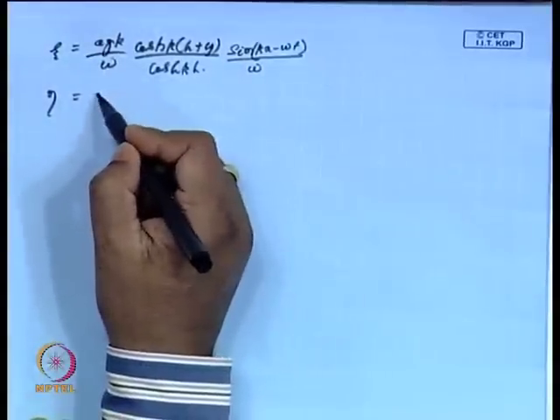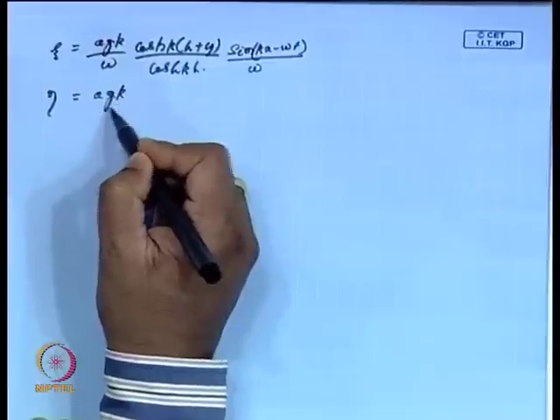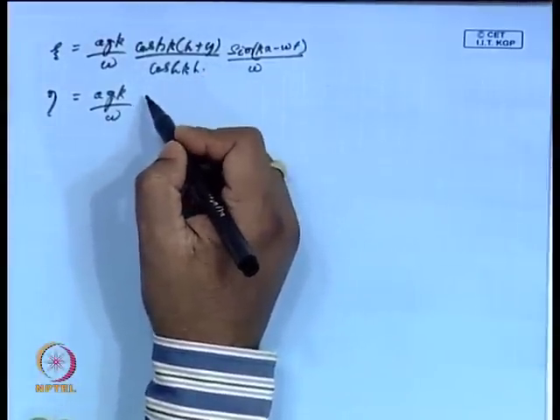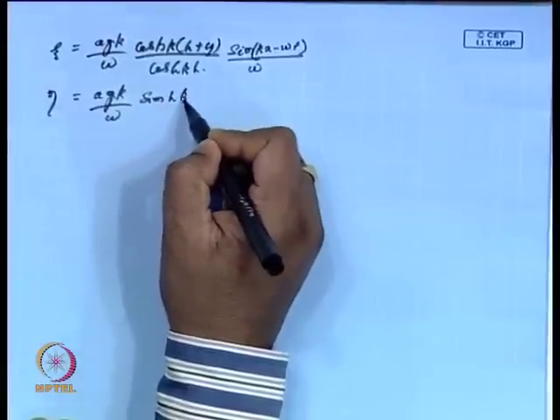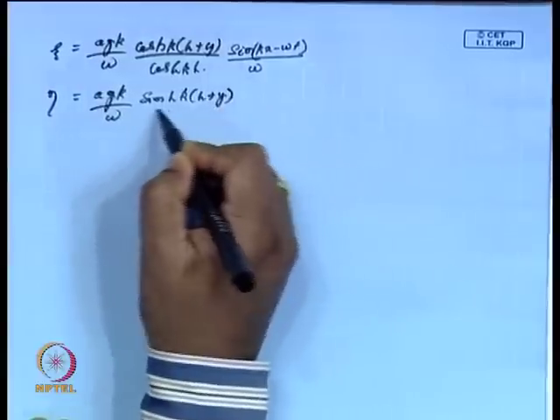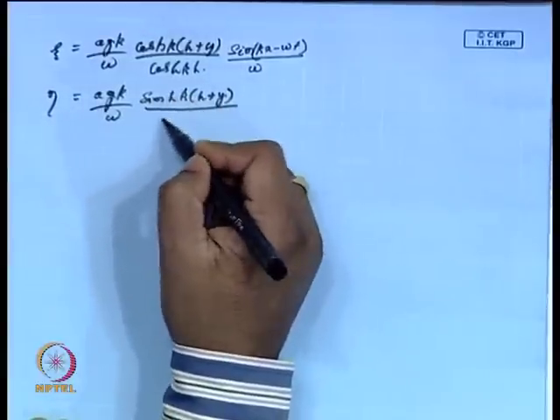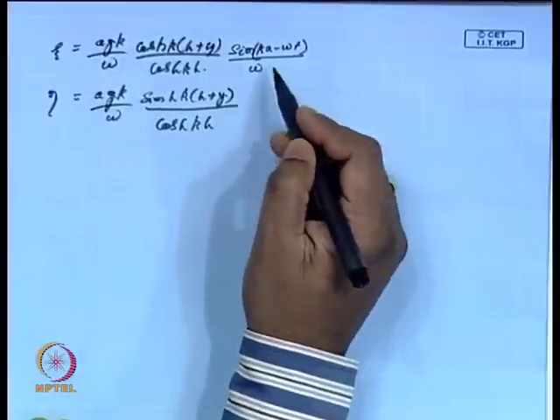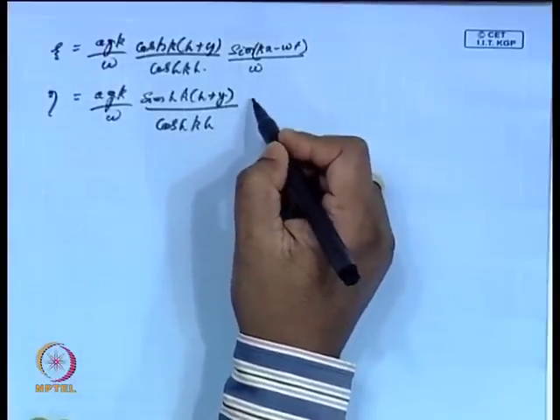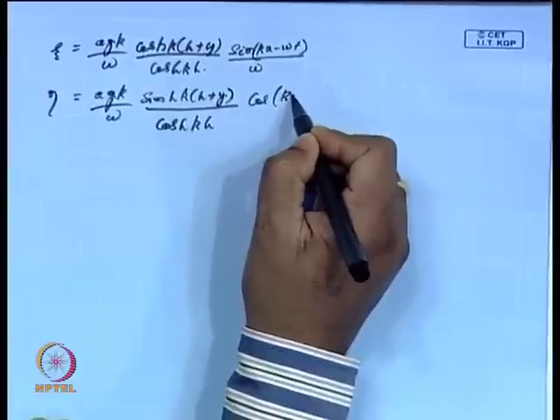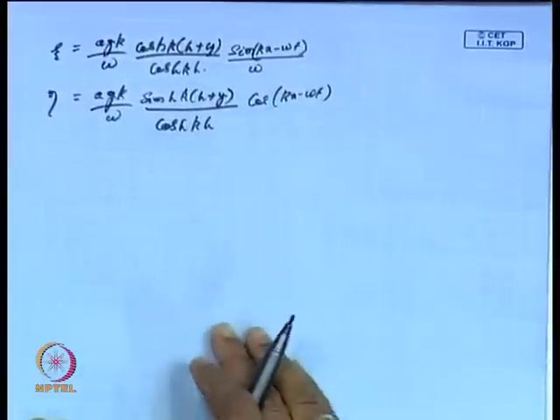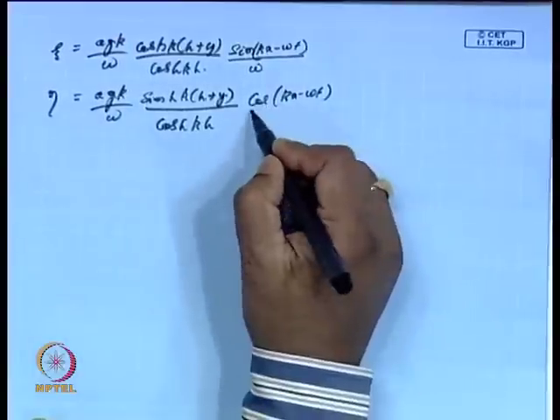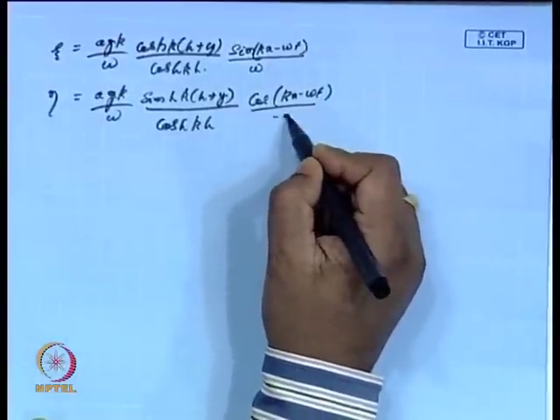So similarly, eta will be a g k by omega, this is sinh k(h + y) by cosh kh into, since sin means this becomes cos(kx − ωt), and then divided by minus omega.